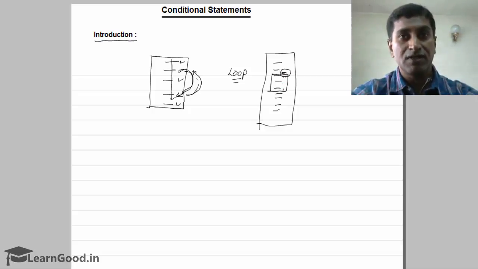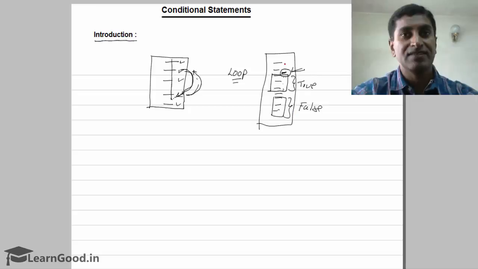If this condition is false, I am not interested in executing these three statements. Other three more statements are there that have to get executed. But these three statements shouldn't get executed when this condition is true. When the condition is true, I want to execute this set of statements. When the condition is false, at that time I want to execute the second set of statements.